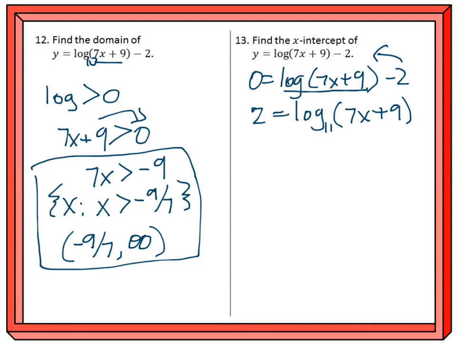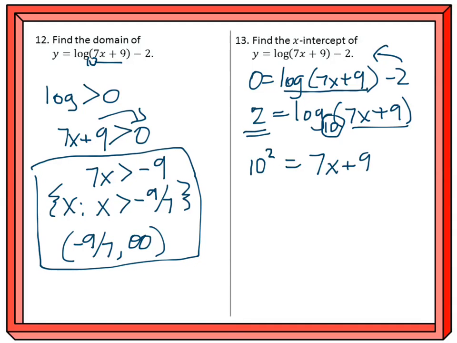So again, this 2 is an answer to a logarithm. Answer to a logarithm is a power. It's an exponent. It's a power on the base of 10. So 10 to the second power is equal to whatever I'm taking the log of, 7x plus 9.